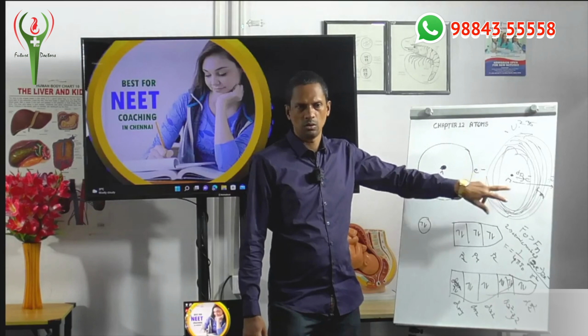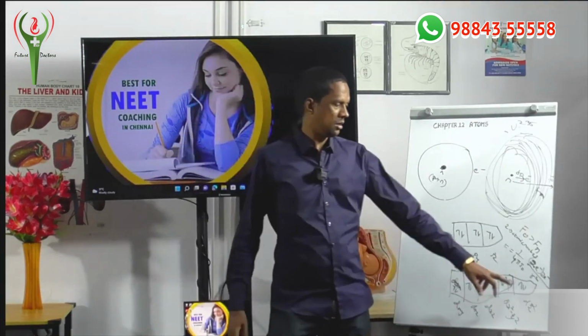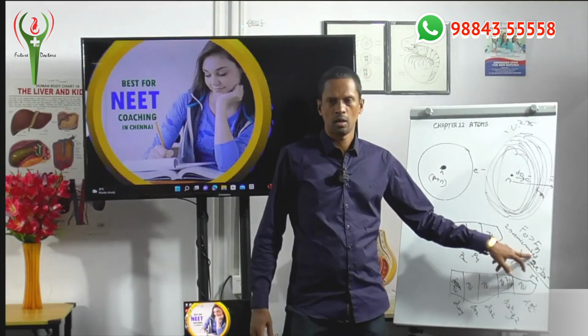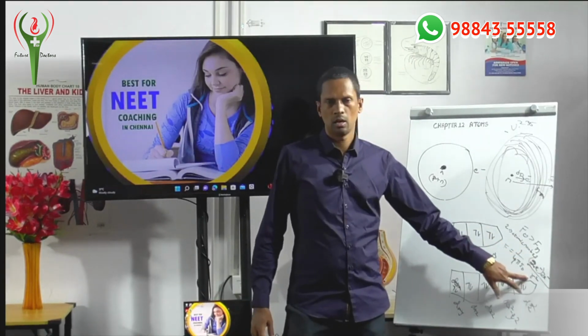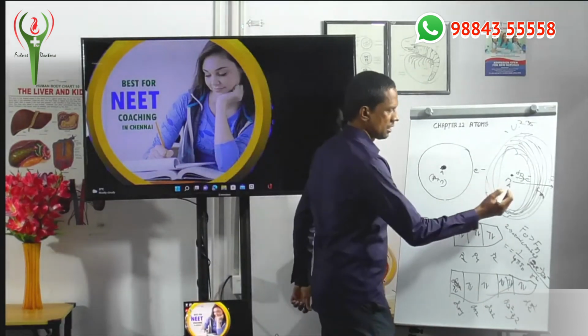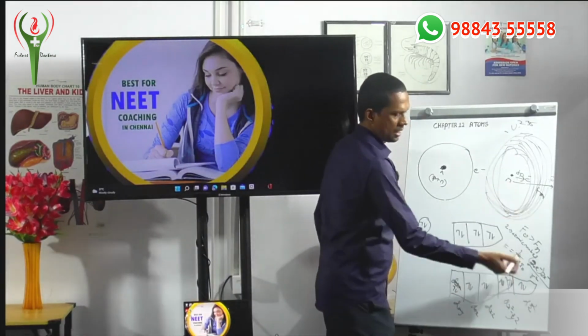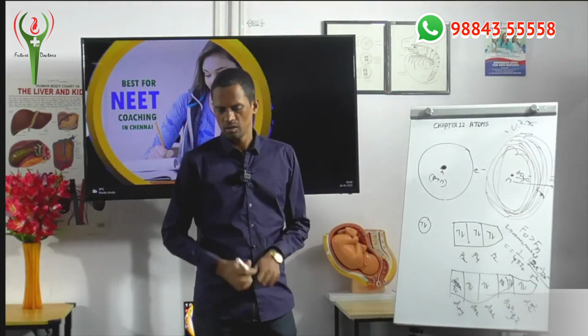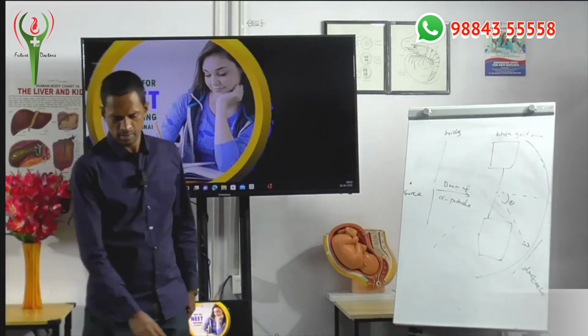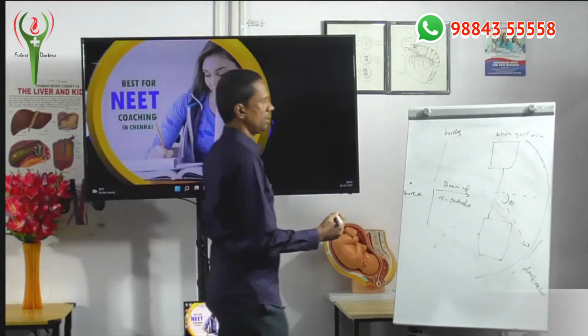Z is the atomic number, R is the radius.